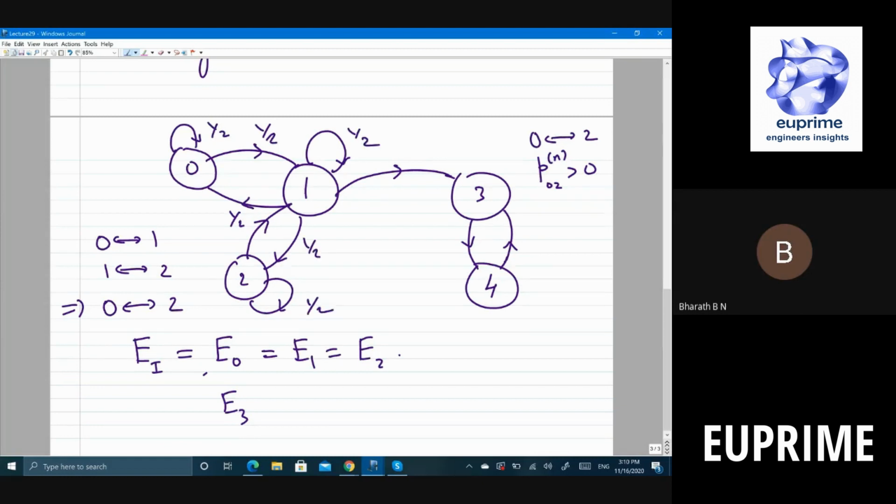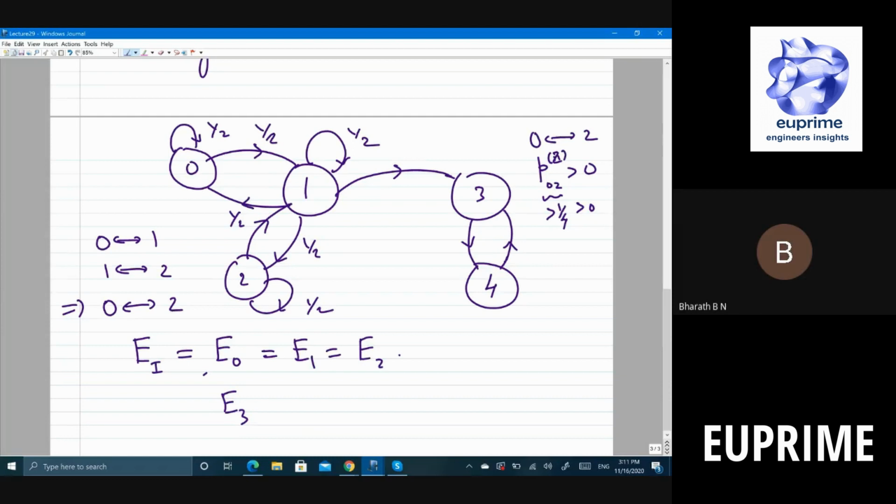What is the probability that it can go from 0 to 1 to 2? This is at least 1 by 4, which is greater than 0. In how many steps? 2 steps. So P02 in 2 steps is greater than 0.